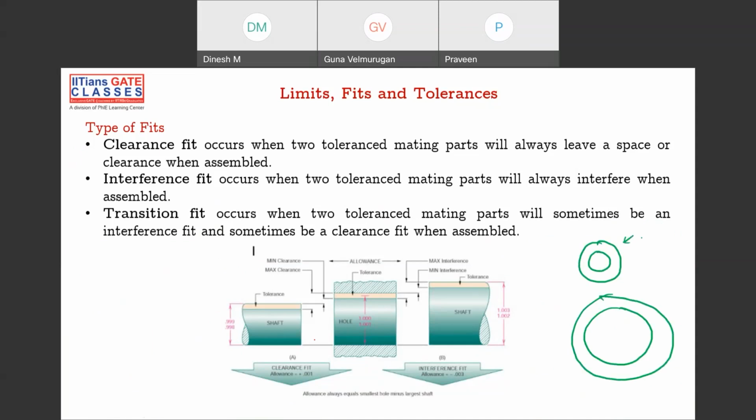This is hole, this is shaft. This is the width of tolerance of shaft and hole.